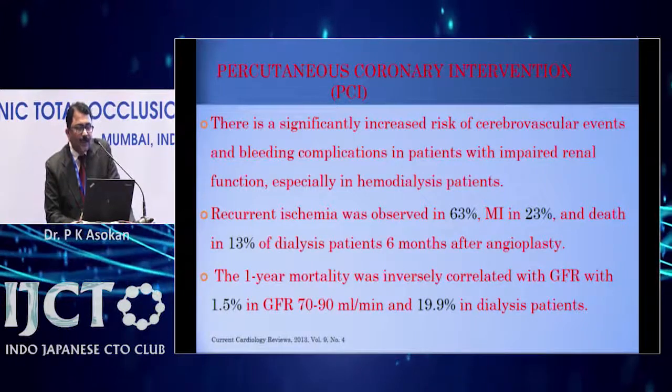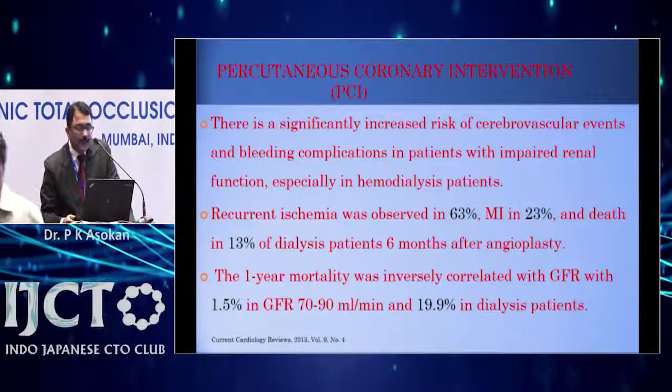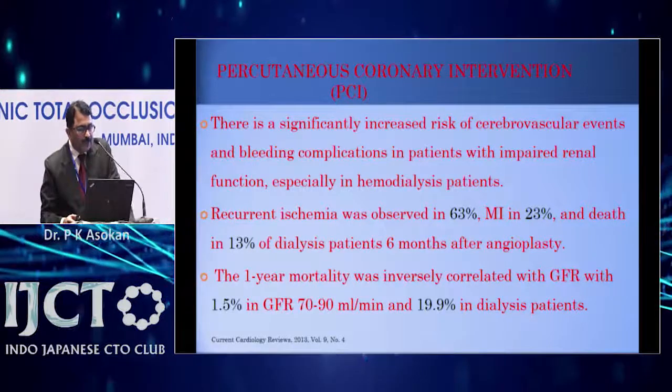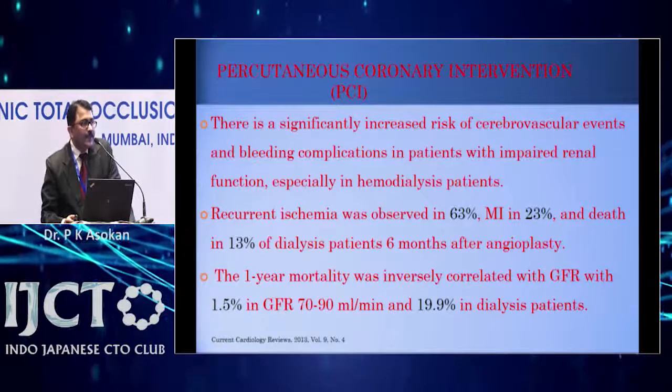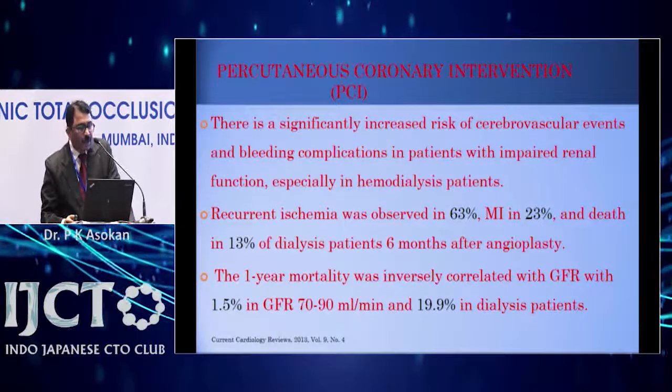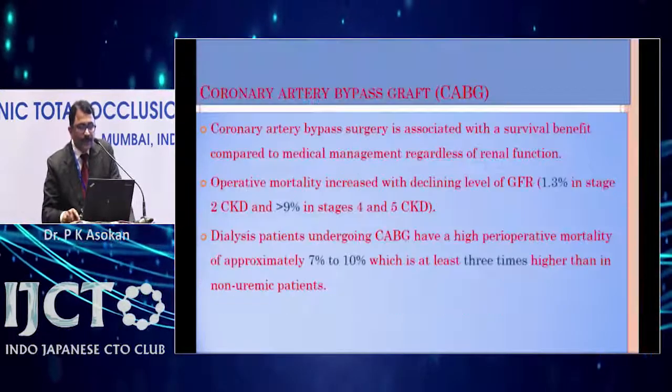Recurrent ischemia is observed in 63% of patients, MI in 23%, and death in 13% of patients. The 1-year mortality was inversely correlated with eGFR: 1.5% in normal versus 19% in dialysis patients.